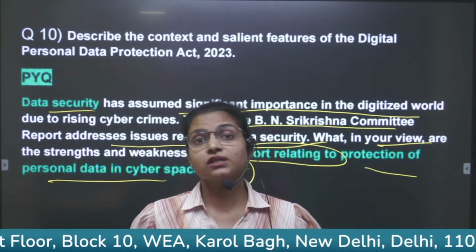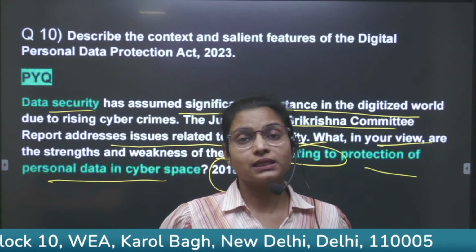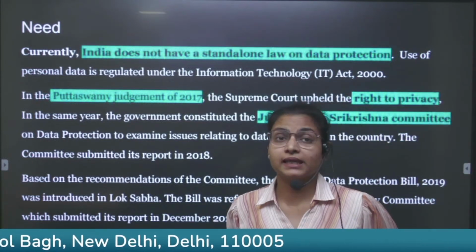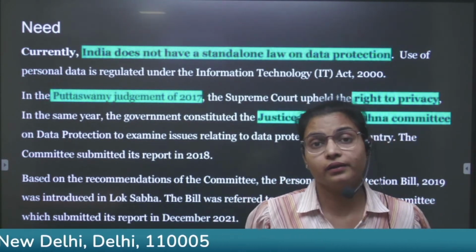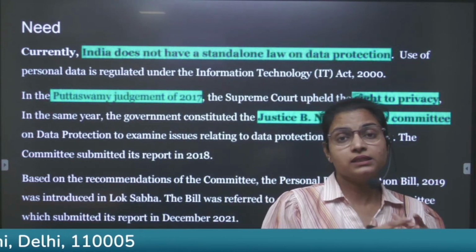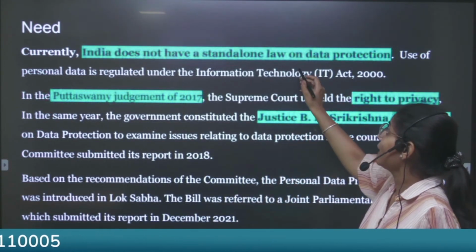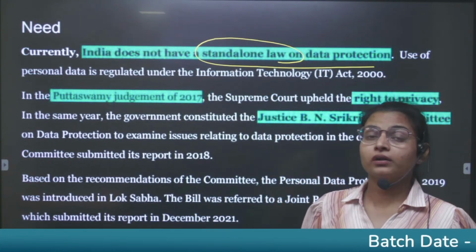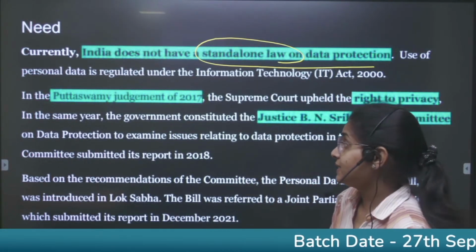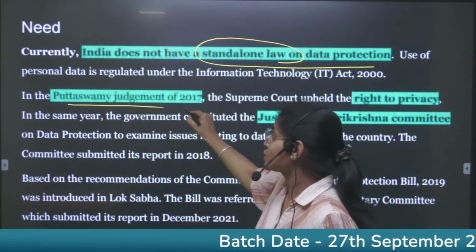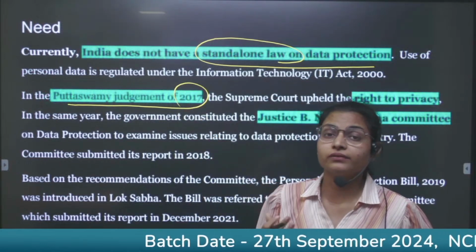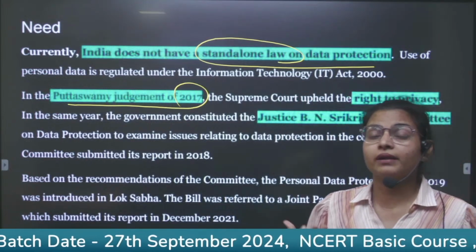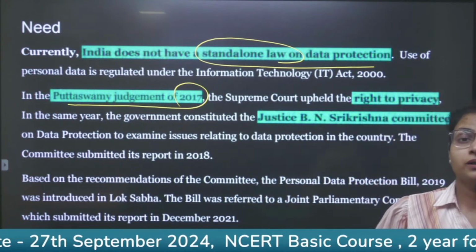And in fact, the basics of cyber security are mentioned in your syllabus. So now you need to understand what the need was for this particular act. In India, we did not have a standalone law for data protection. And secondly, after the Puttaswamy judgment of 2017, which gave the right to privacy, to implement that and provide the fundamental right to privacy, we need a data protection law.